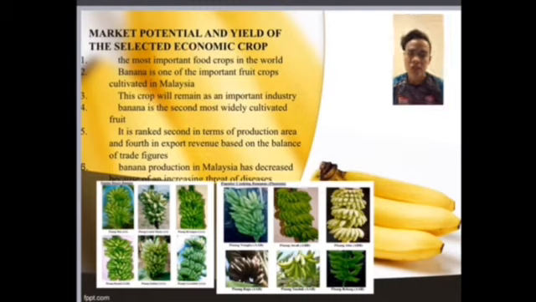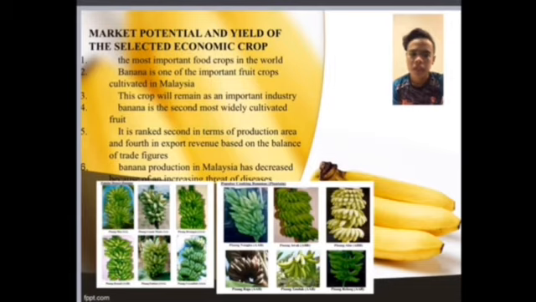However, banana production in Malaysia has decreased because of an increasing threat of disease, high labor costs and marketing issues. However, it is still popular and contributes about 60% of the total fruit production areas.